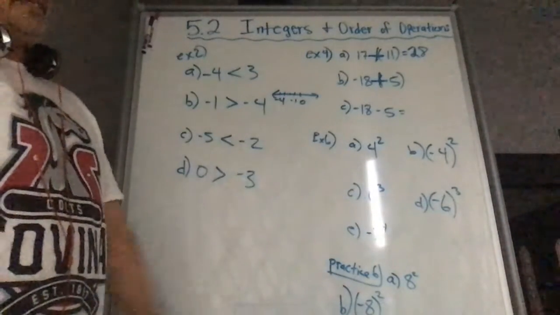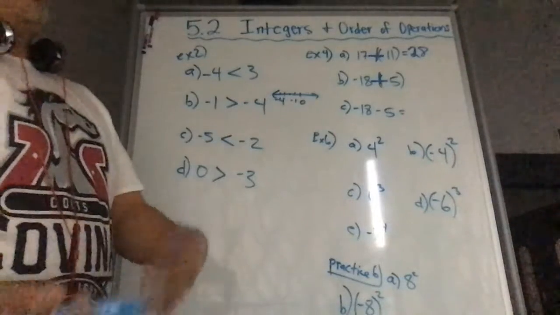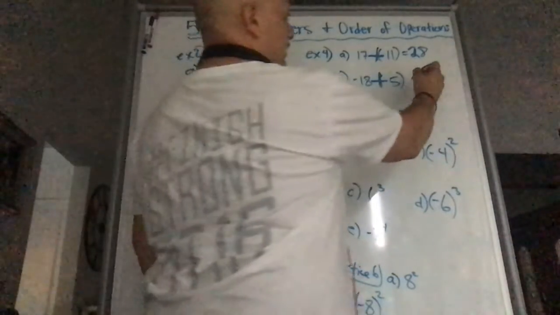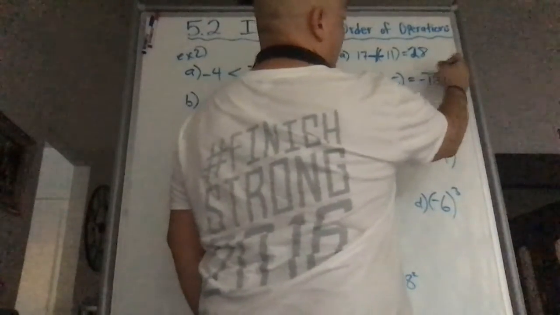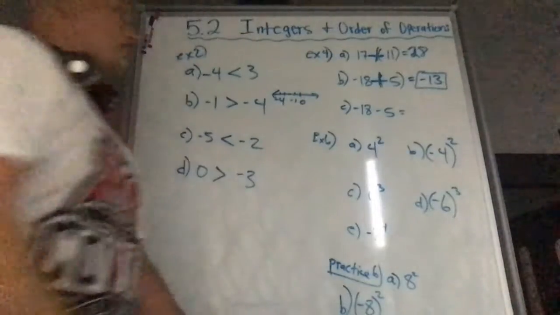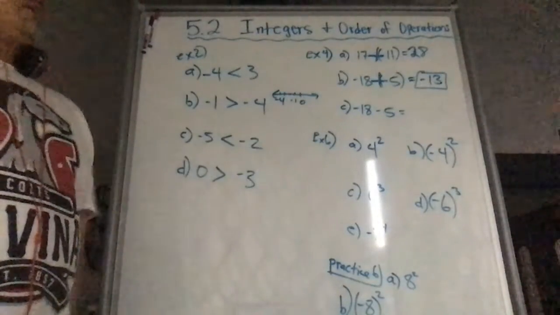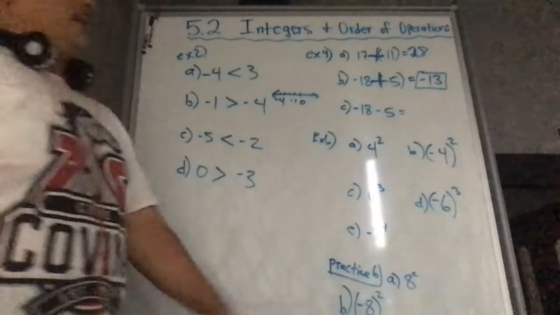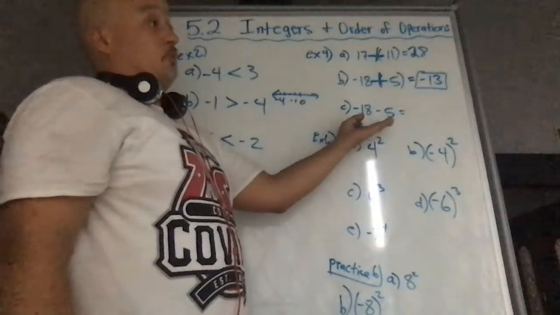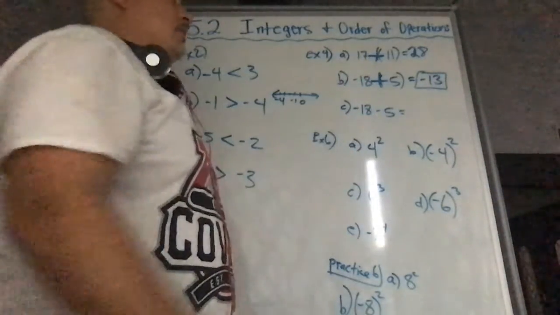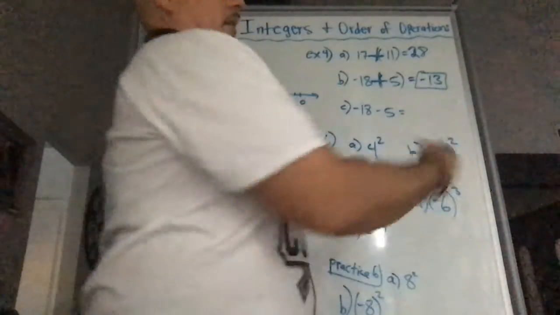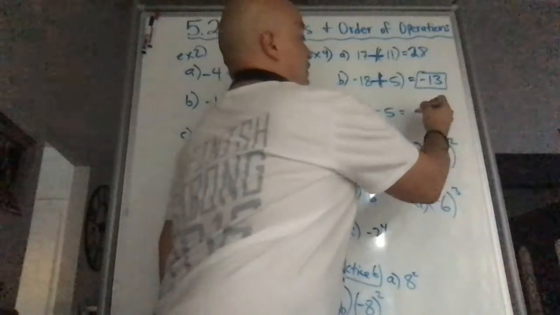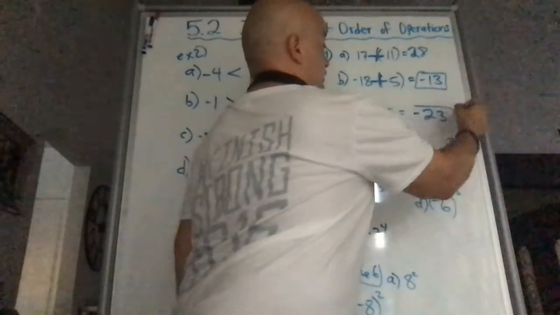So that's really just 18 minus 5, 13, but the answer stays negative because -18 has a greater absolute value. And the next one, -18 minus 5, that's adding. This problem looks like it's written as subtraction, but it's really adding. They both have a minus sign and nothing else, so 18 plus 5 is 23. Stays negative.